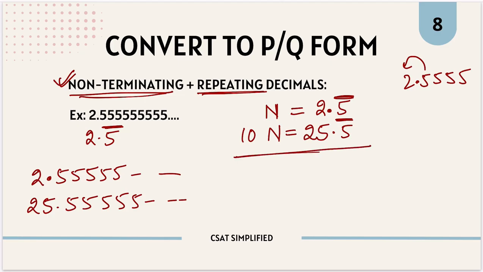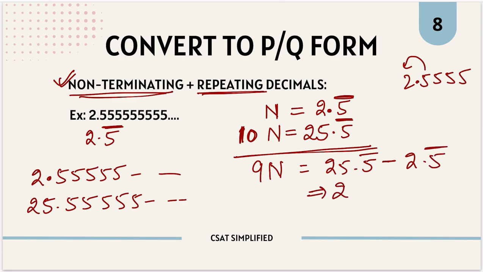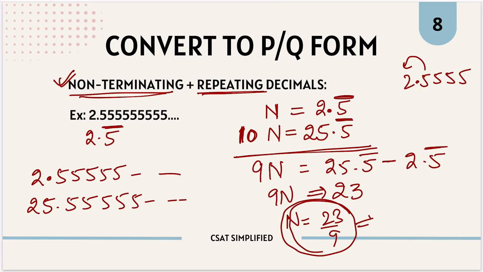Now subtract the first from the second, means 10n minus n is 9n. 25.5 bar minus 2.5 bar gives me 23. So 9n is 23, n is what? 23 by 9, and this is a P by Q form.